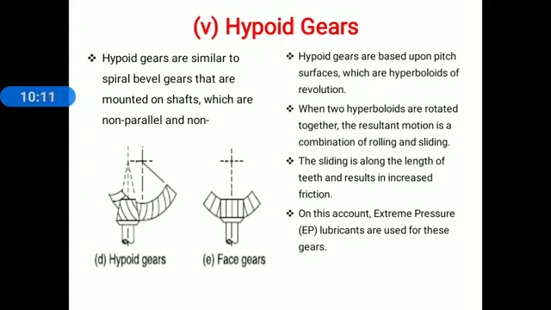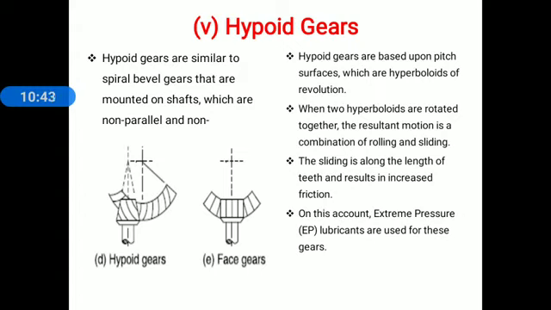Remember this, when two hyperboloids are rotated together, the resultant motion is a combination of rolling and sliding. The sliding is along the length of teeth and results in increasing friction. On this account, extreme pressure lubricants are used for these gears.